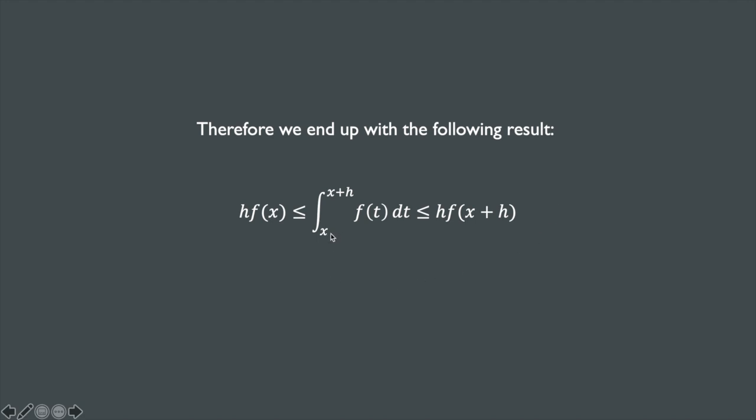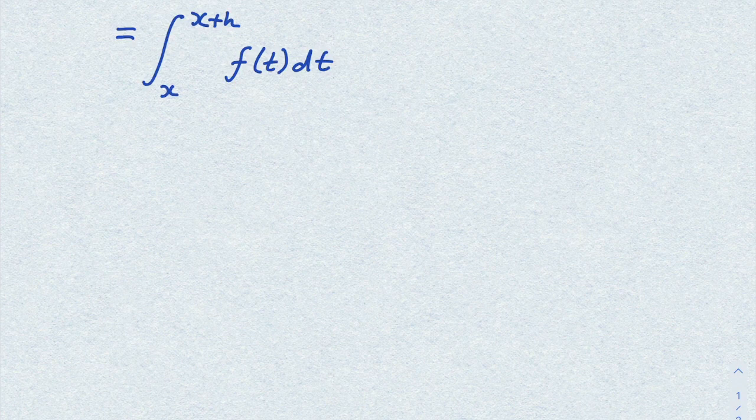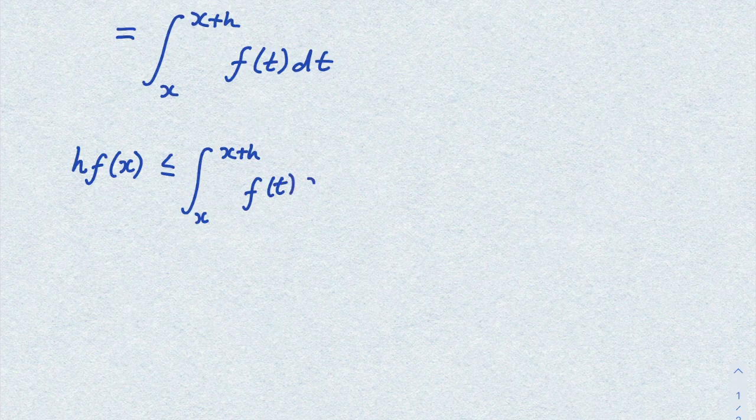We have the integral from x to x plus h of lowercase f of t with respect to t between h of lowercase f of x and h of lowercase f of x plus h. So now we have a lower bound and an upper bound for this integral. We can say that h of lowercase f of x is less than or equal to the integral from x to x plus h of lowercase f of t with respect to t, and then we've got an upper bound of h lowercase f of x plus h.